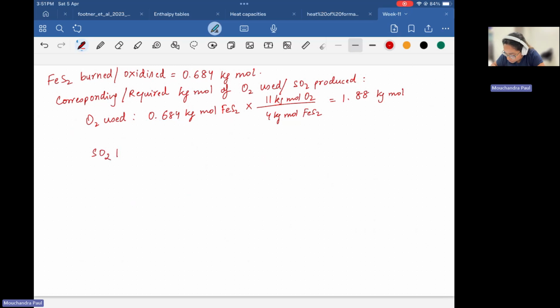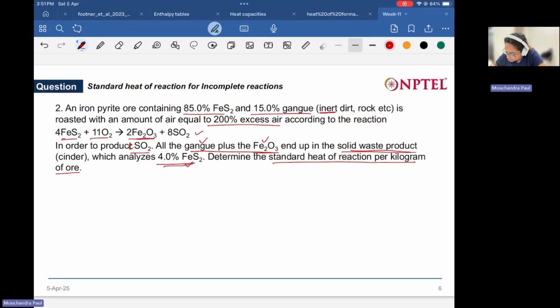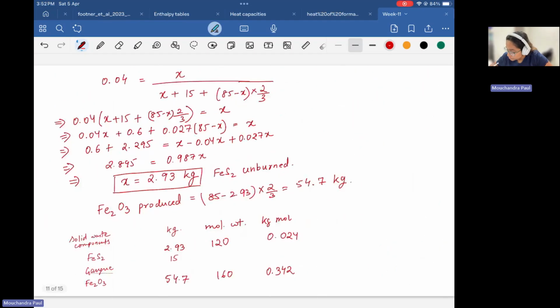And what about SO2 that is produced? For burning 0.684 kg mole of FeS2, you need 4 moles of FeS2 to generate 8 moles of SO2.